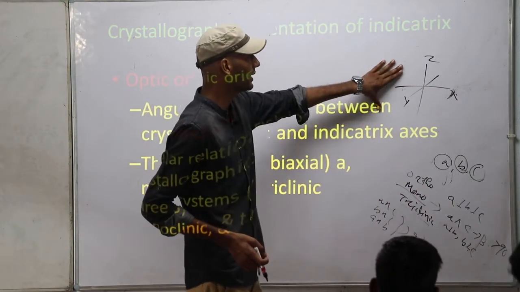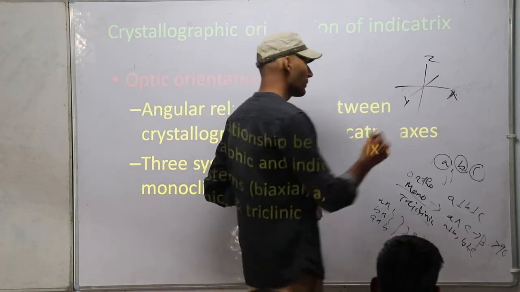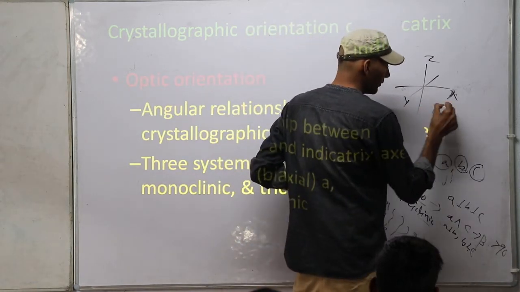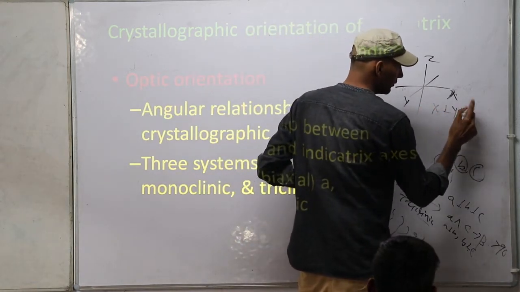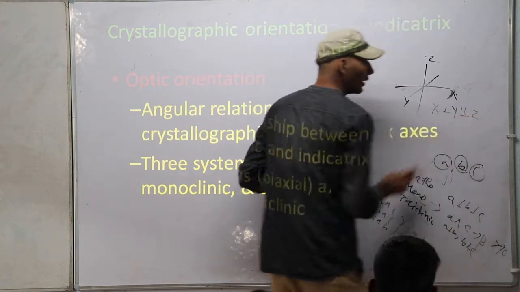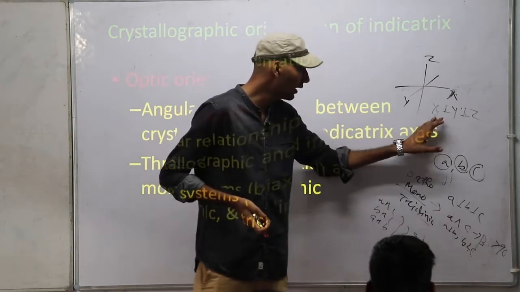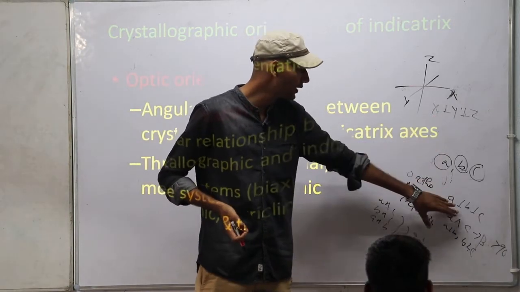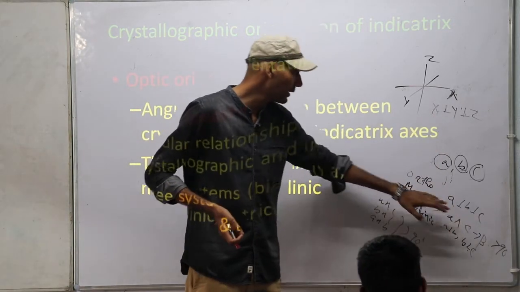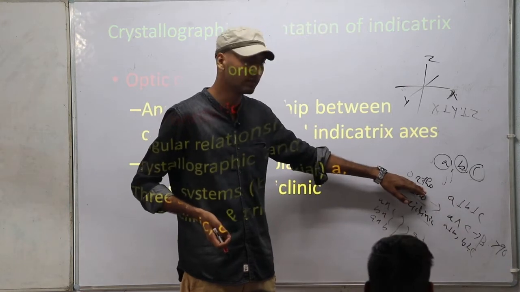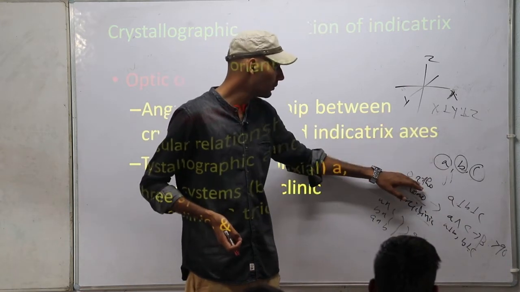And the optic indicatrix axes X, Y, Z are always perpendicular. Now see if one of them coincides with one of the crystallographic axes in the orthorhombic system.